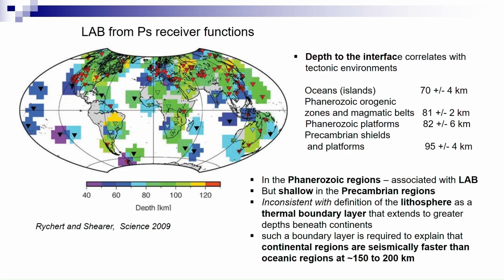Depth to the interface derived from PS receiver functions lies at approximately 175 km and correlates with tectonic environments. It is associated with the LAB in the Phanerozoic regions, but it is too shallow in the Precambrian regions.